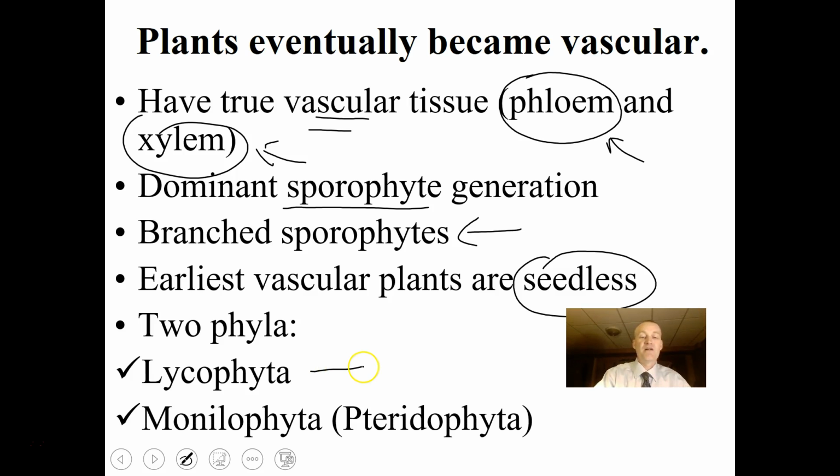So Lycophyta is a phylum of vascular non-seed plants that we'll talk about today. And then Monilophyta or Pterophyta is another modern day phylum of plants.